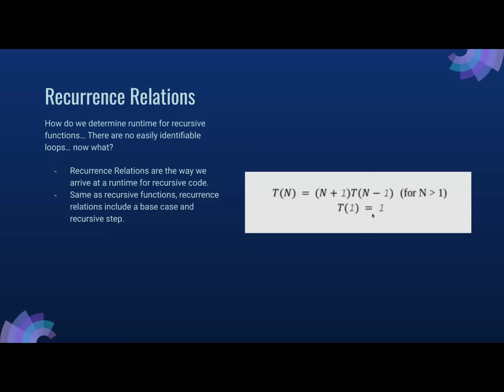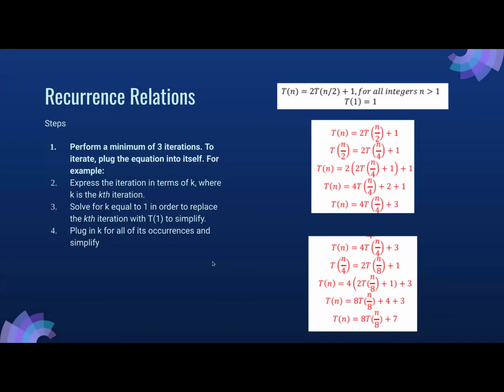And then our recursive step is calling itself with n minus 1 being multiplied by n plus 1. So I've narrowed it down to, I'd like to say 3.5 steps, but 3 steps ultimately to try and solve recurrence relations.